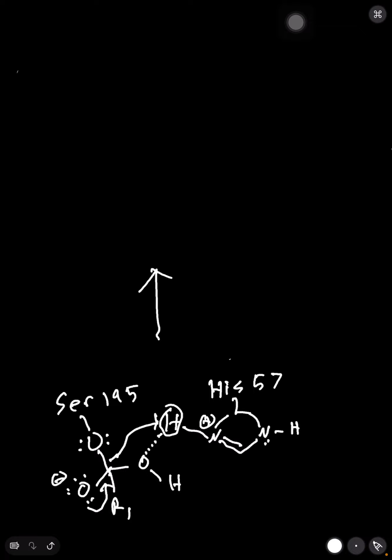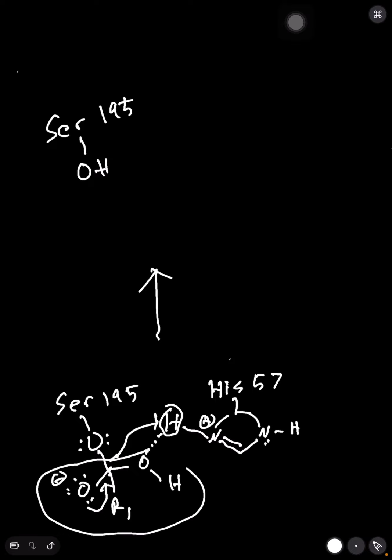Okay? And when that happens, guess what? You've reformed your serine 195. That means this is ultimately released from everything. It's not connected to that H anymore, and it's not connected to the serine oxygen.